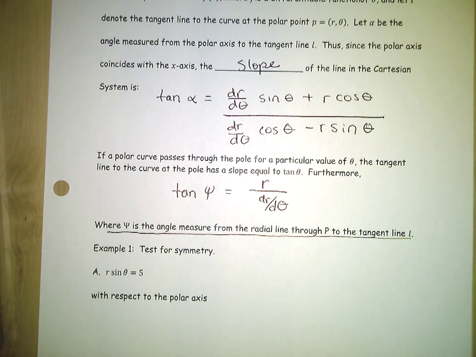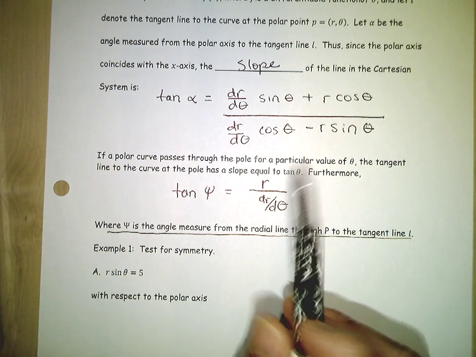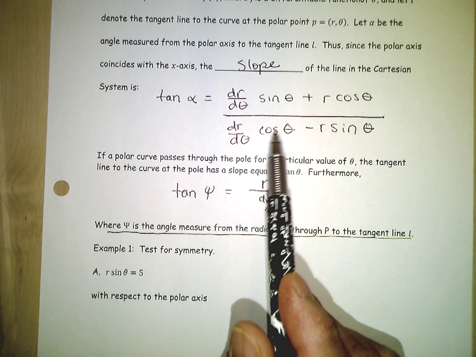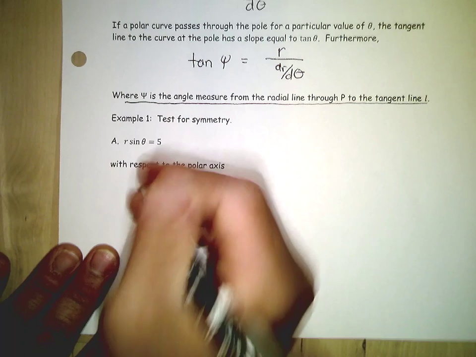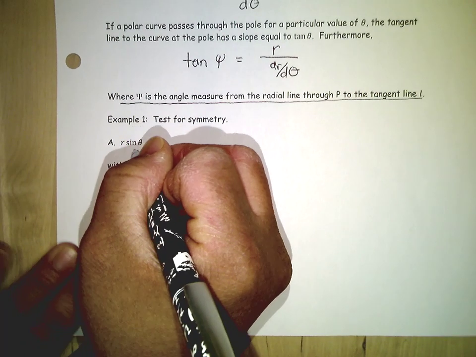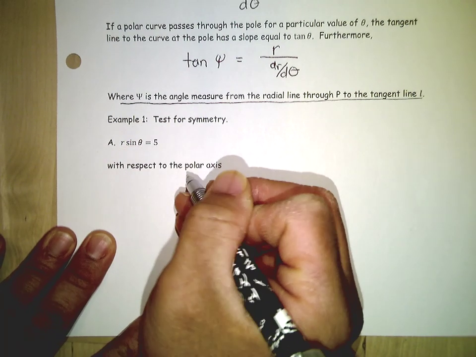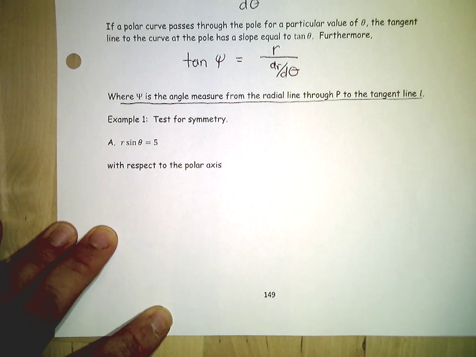So let's do some examples of testing for symmetry and then finding the slope of the line in the Cartesian system. Test for symmetry r sin θ = 5 with respect to the polar axis.